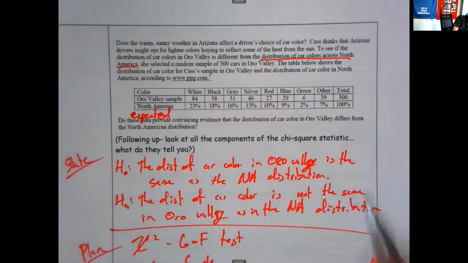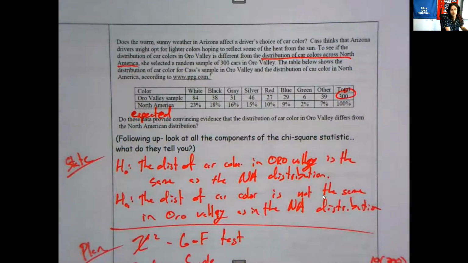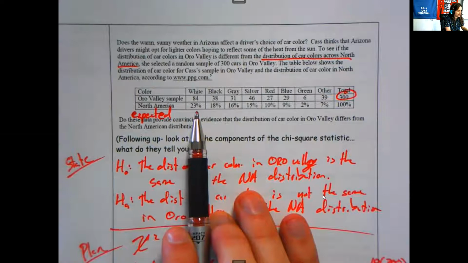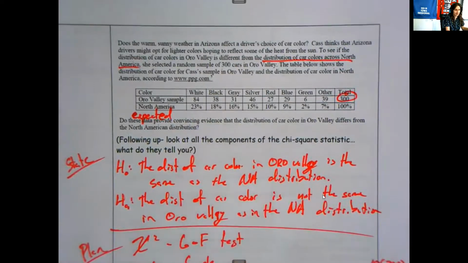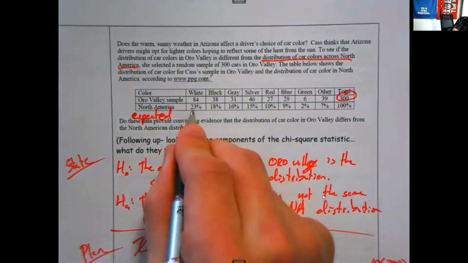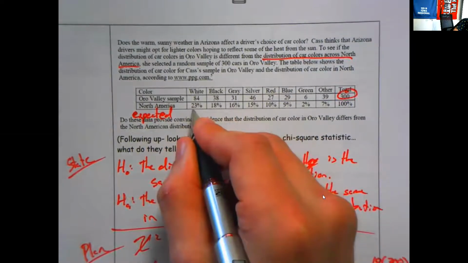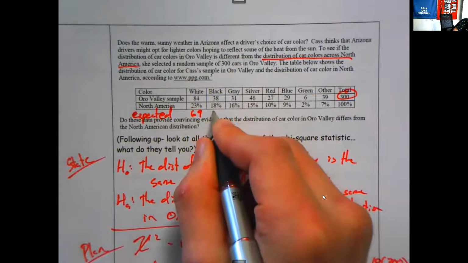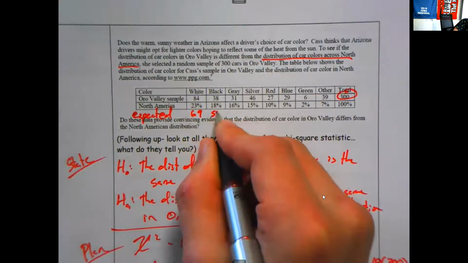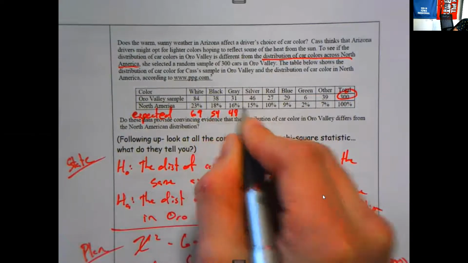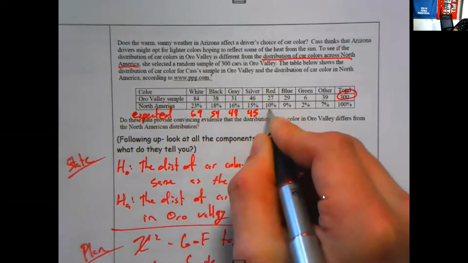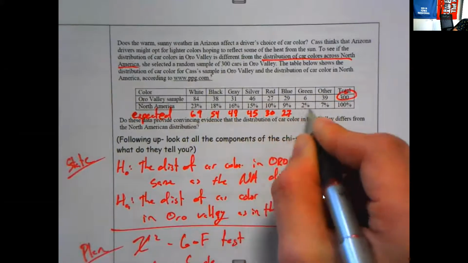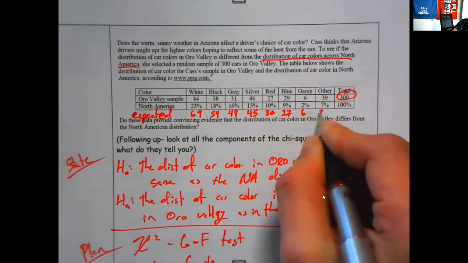My expected counts, I have a total of 300. Well, a percentage is per 100. So if I multiply 0.23 times 300, I can actually just multiply these percentages by 3 and get my expected counts of 69, 54, 48, 45, 30, 27, 6, and 21.